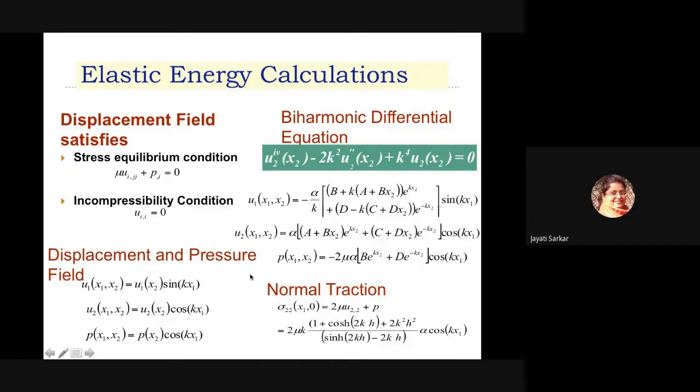So here, one can trace the normal traction at the surface to get how the wavelength is varying by doing a linear stability analysis.